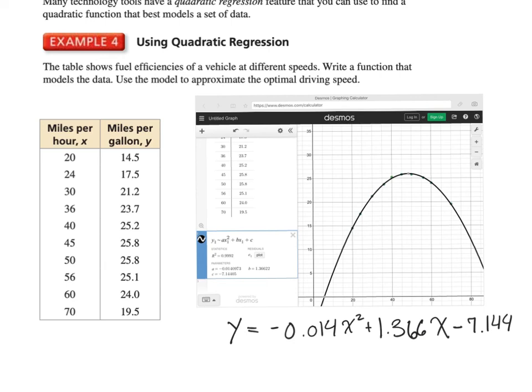So when we look outside of our data, say 0 miles per hour, or 150 miles per hour, which is way outside of our data set, that's called extrapolation. And when you go outside your data set, your model is not as reliable with the more extreme values. If you stay within your data set, it's a good predictor. When you get outside your data set, especially if you go way too far outside, it becomes less reliable. And that is all of lesson 2.4.